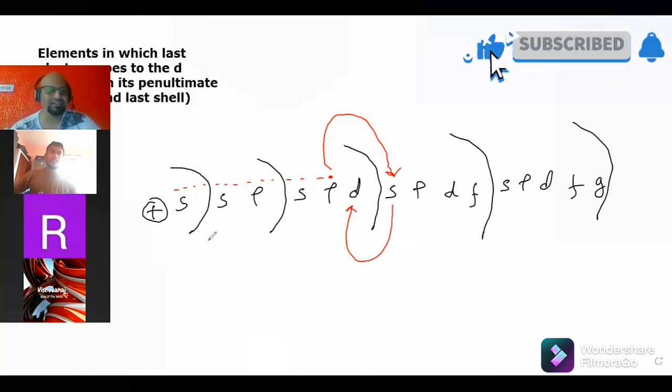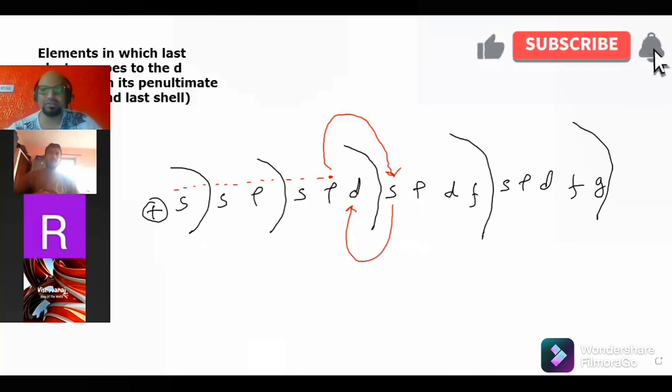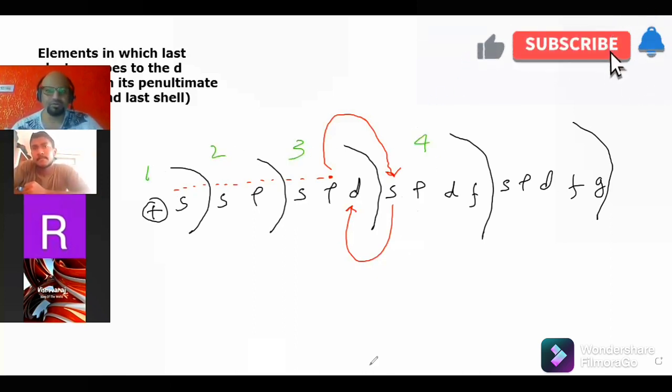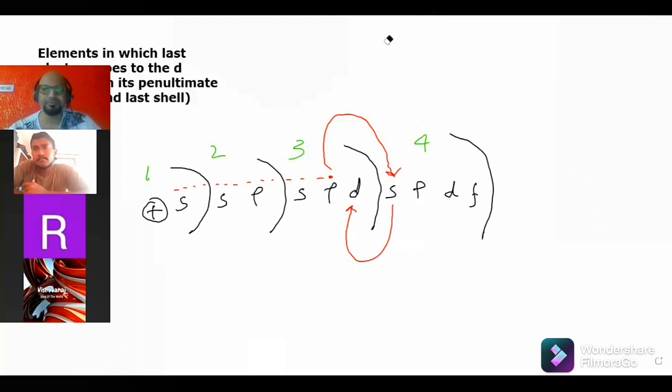This is our official valence shell. And what is the number? Let me write down the number. This is 1, 2, 3, 4. So total shells are 4 for us right now. Now our last shell is 4, but where is the last electron going? In 4 or in 3?